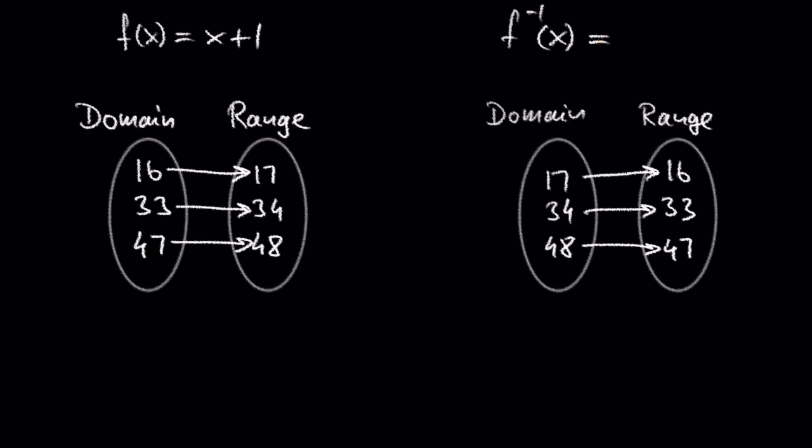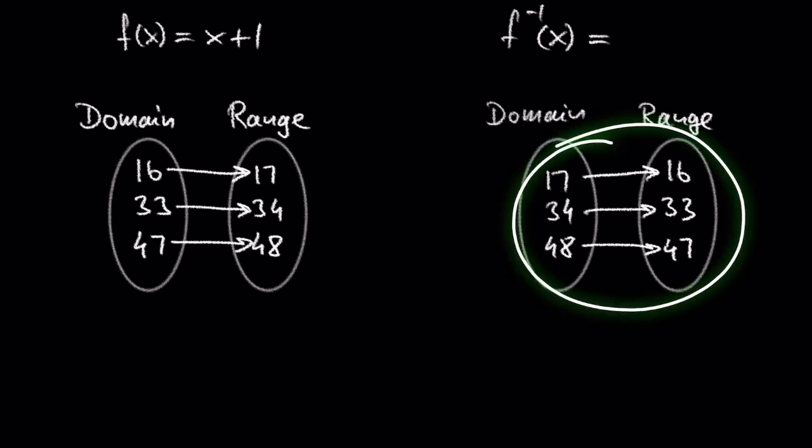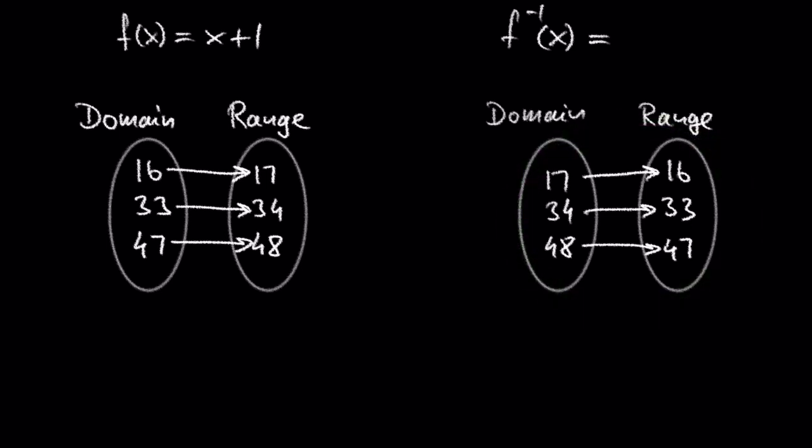Now, what is our inverse function doing? It subtracts 1 from each input, is that correct? 17 becomes 16 because 17 minus 1 is 16. 34 becomes 33 because 34 minus 1 is 33.